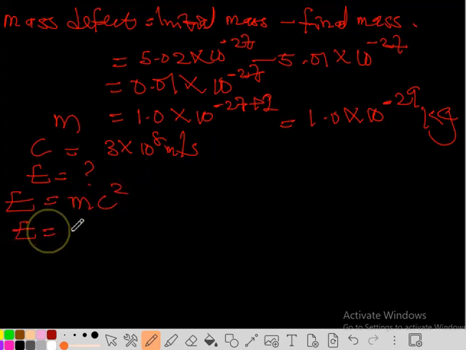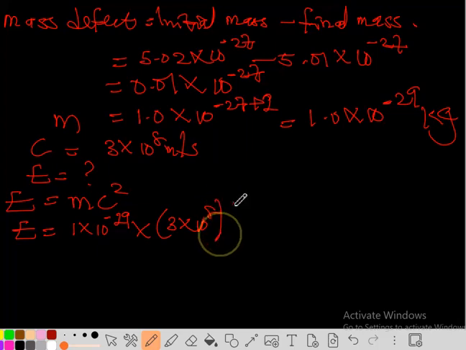So you have E equals m, the mass defect, 1 times 10 raised to the power minus 29, times the speed of light, 3 times 10 raised to the power 8, squared. This will give 1 times 10 raised to the power minus 29 times 3 squared, which is 9, then times 10 raised to the power 16.